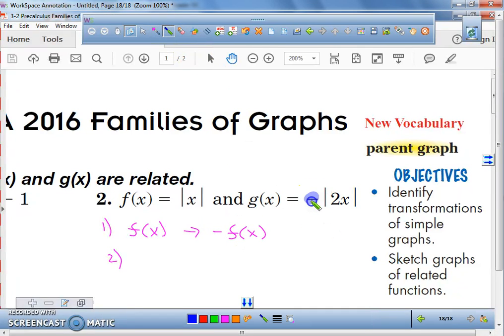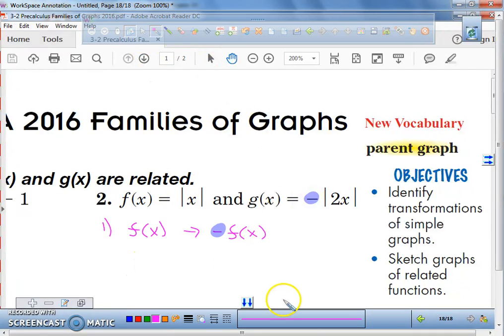I'm going to highlight what I'm talking about. You see this negative sign right here? That's on the outside. So I want you to look at your journal, and when you see something go from the original function to something where the negative is on the outside of a parentheses or an absolute value, tell me what you think is going to happen in the graph.